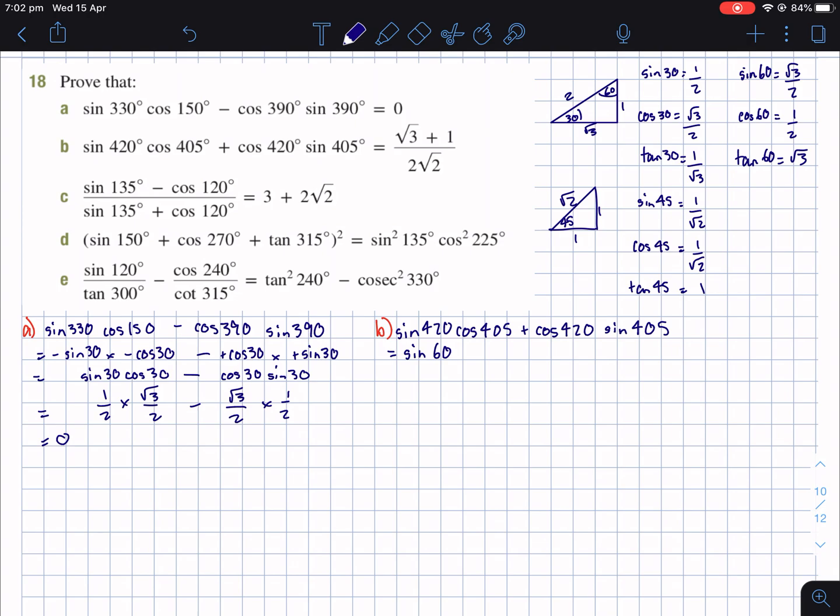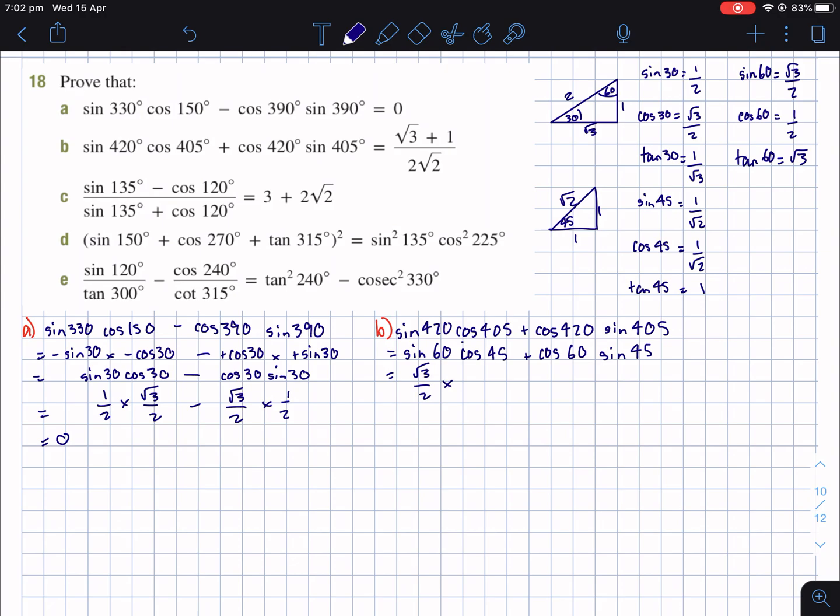If we do 405 take 360, that's cos 45, plus 420 take 360 was 60, cos 60 sine 45. These are all already in the first quadrant. They're all less than 90. We're all fine. So sine 60, root 3 on 2.